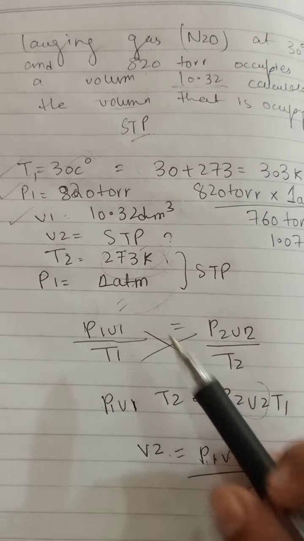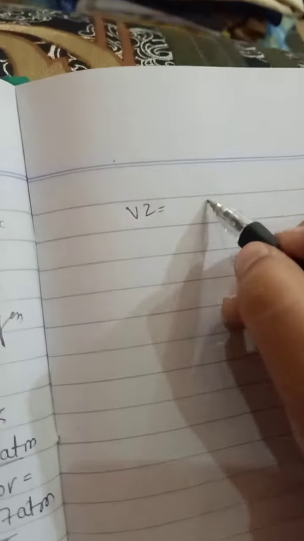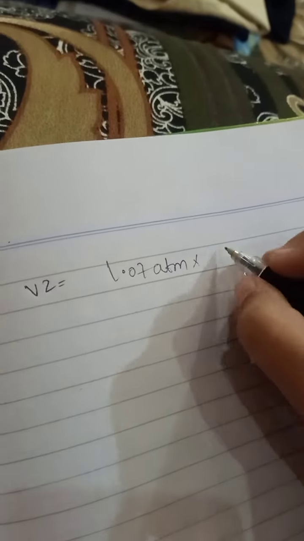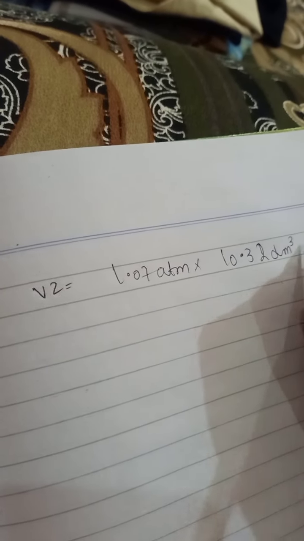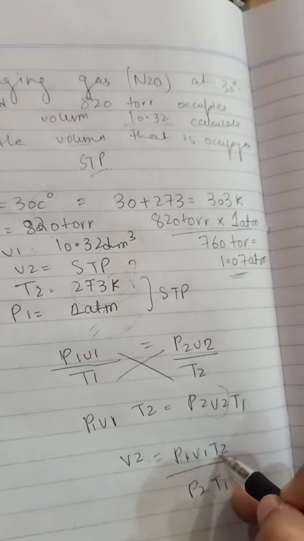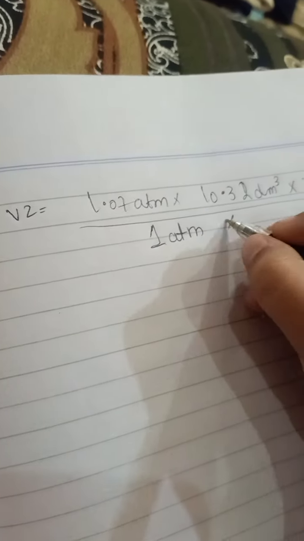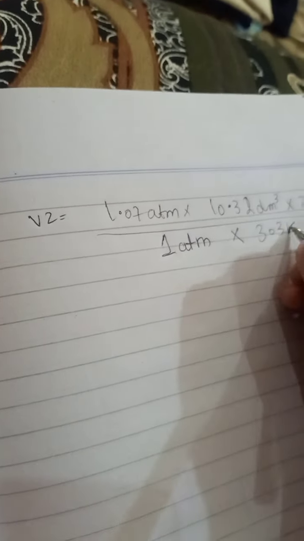So put the values in. P1 is not 820 torr, we have 1.07 atm that we found, and V1 is 10.32 dm cube, multiplied by T2, that is 273 Kelvin, upon 1 atm, that is P2, multiplied by T1, that is 303 Kelvin, which we have found.